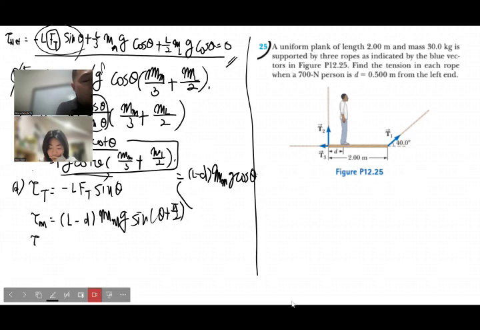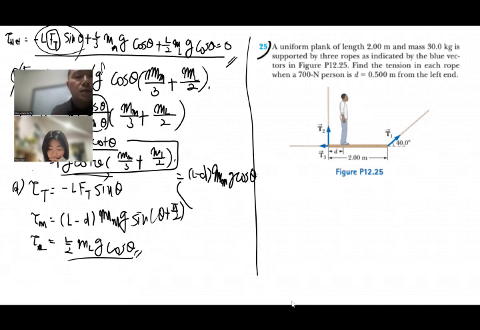And the torque of the ladder is L over 2 m_l g cosine theta. Just like in part C, the net torque from the tension, the monkey, and the ladder should be equal to 0.